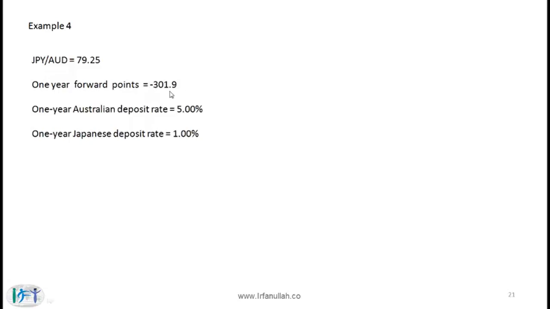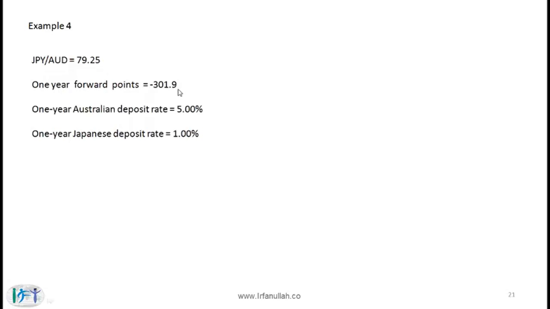301.9. One small point to note over here: when you have a currency such as Japanese yen to Australian dollar or Japanese yen to US dollar, note that we only have 2 numbers after the decimal place. So this means that when we convert forward points into a decimal, we simply divide by 100. So 2 decimal places over here, that's why we divide by 100.